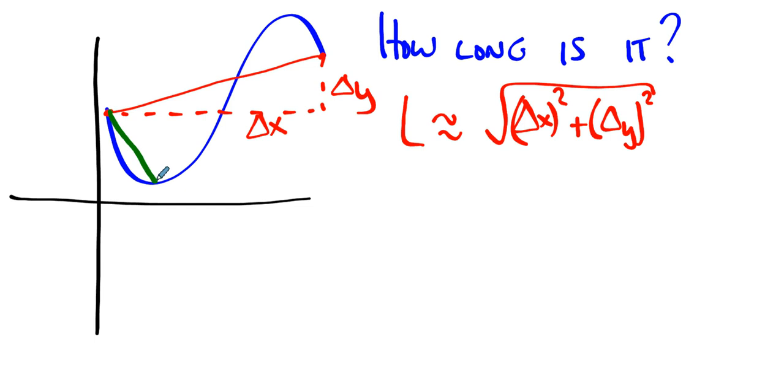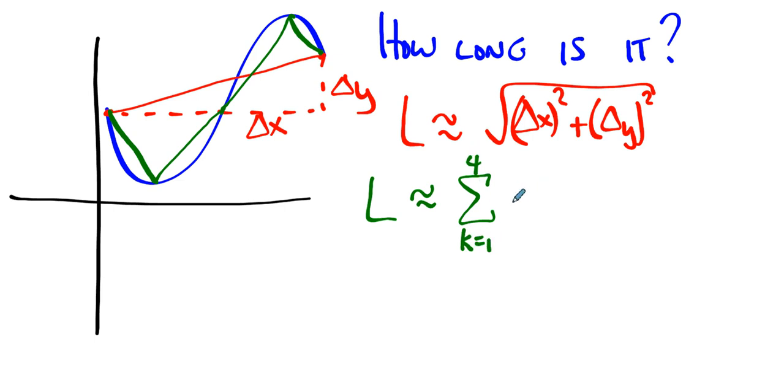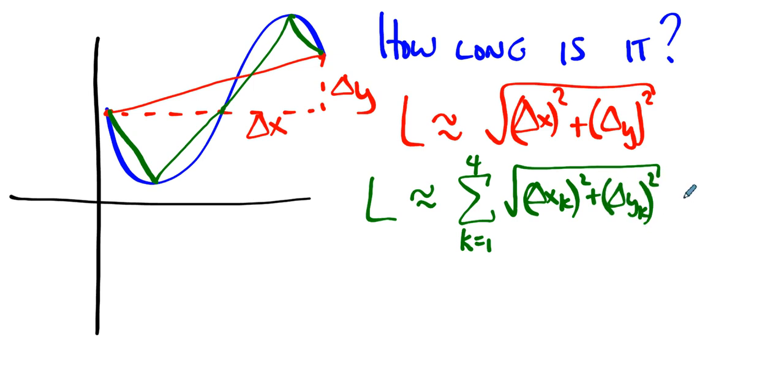Maybe we could do 1, 2, 3, 4 segments. And then if we do 4 segments, the arc length is approximately the sum of 4 segments, each of whose length is the square root of delta x sub k squared plus delta y sub k squared, right?